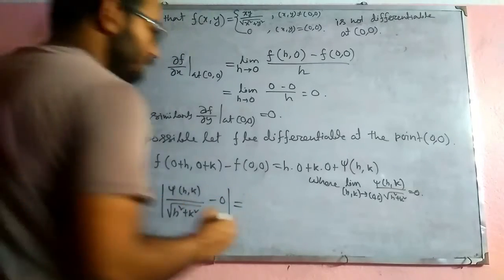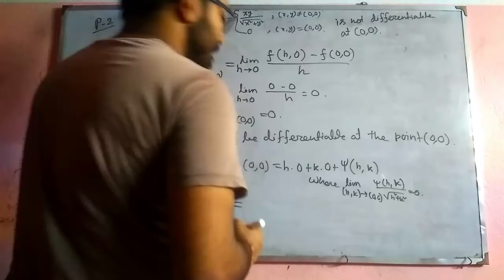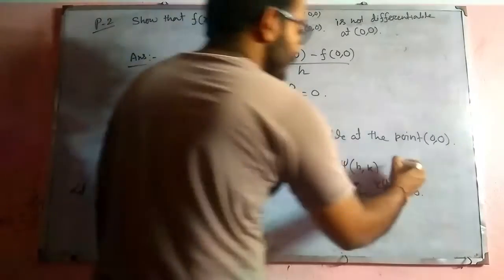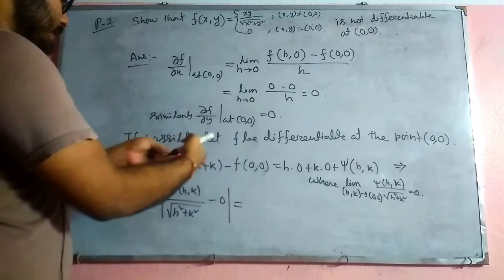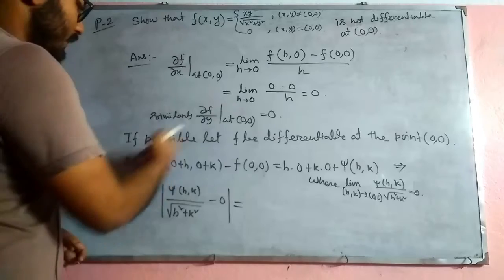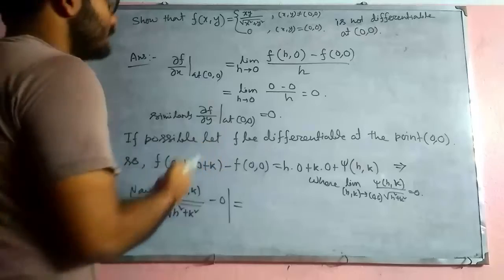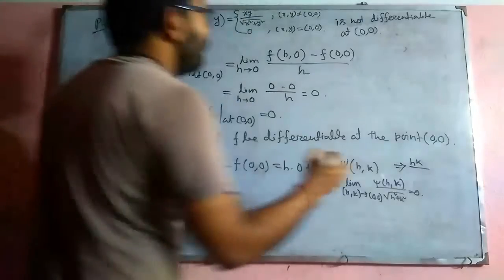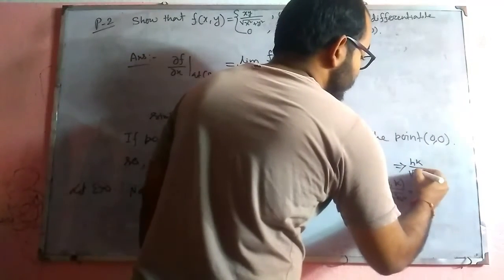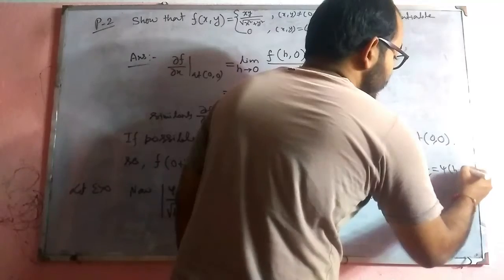What is psi of h comma k? See, if we determine the f of h comma k, so what is this? h k by root of h square plus k square, and which will be psi of h comma k.